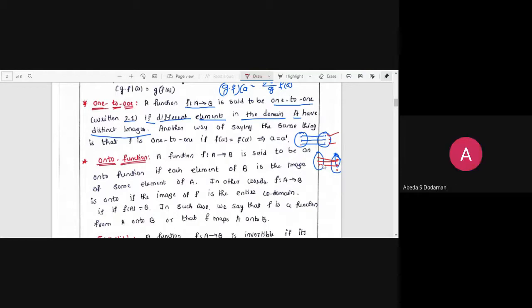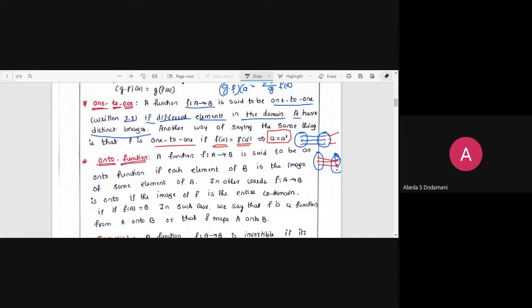Yes, ma'am. Okay. So the basic idea is, in 1-1, different elements of A should have different images. Another way of saying the same thing is, it is 1-1 if f of a equals f of a dash, then a equals a dash. So the image of a and the image of a dash.